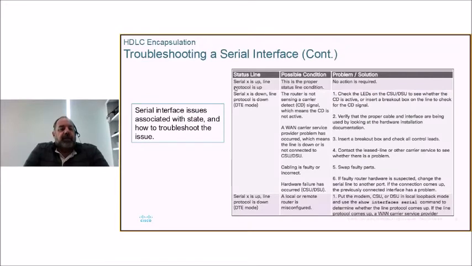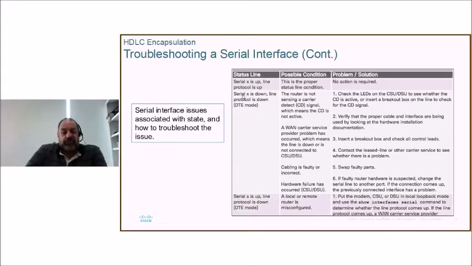Okay, so troubleshooting a serial interface. Serial interface issues are associated with state, and how to troubleshoot the issue. The name of the serial port means this is the physical layer. So if the physical layer is good and the line protocol is good, then for the data link layer there are no problems. If serial X is down, line protocol is down, well, serial X of course means that's the physical layer.